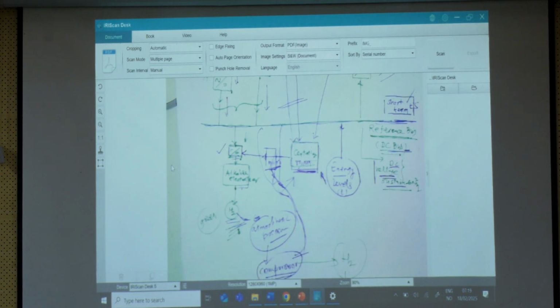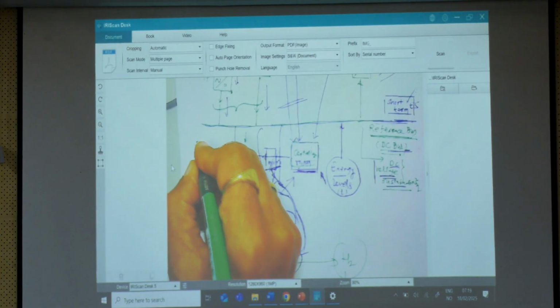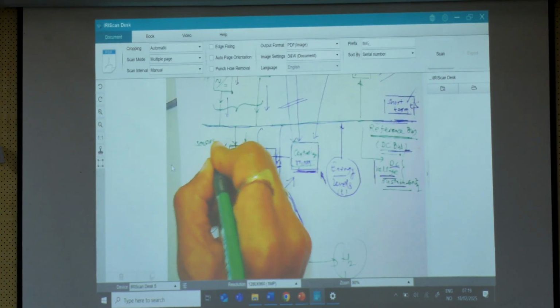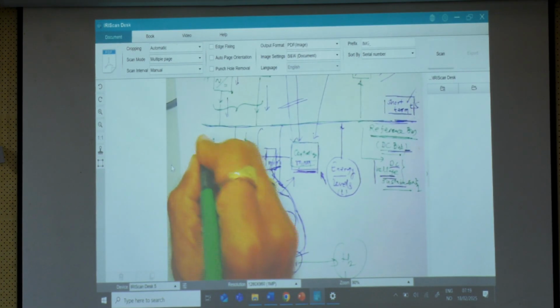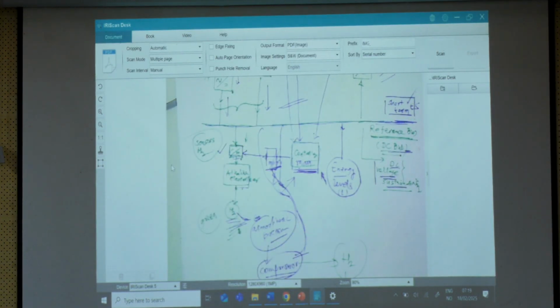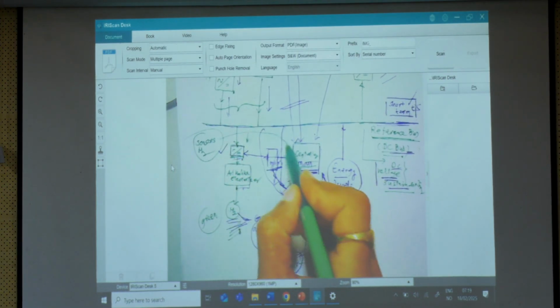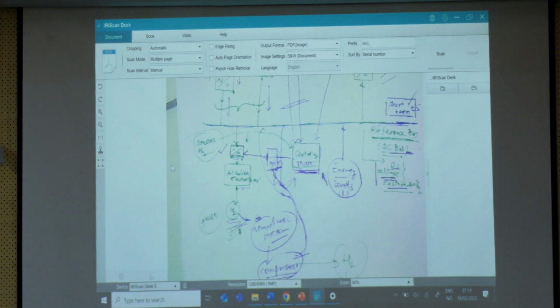So, here we will have some sensors. These hydrogen detector sensors will be continuously monitored, and the information will be taken by this controller.